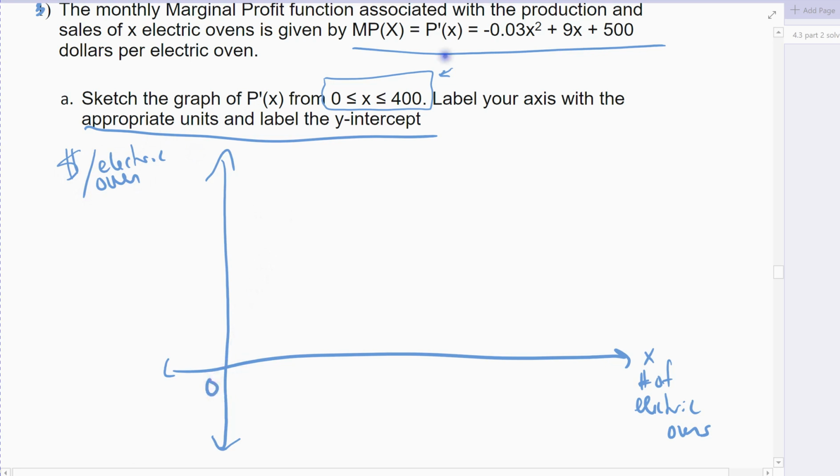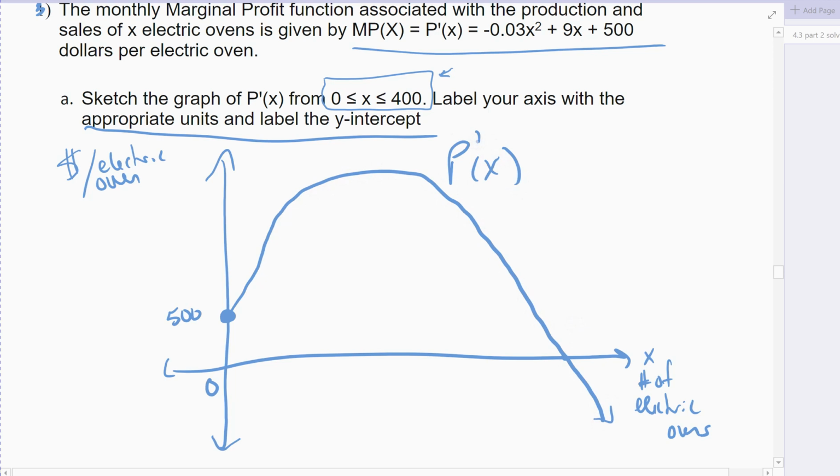At 0, when I plug 0 in, it should come out 500. Then, noting my graph before, it's a parabola that goes up and does come down eventually after a certain point. So there is my derivative of my function from 0 to 400, roughly. And it's a sketch. Sketch means it doesn't have to be perfect, just needs to represent what the picture shows.